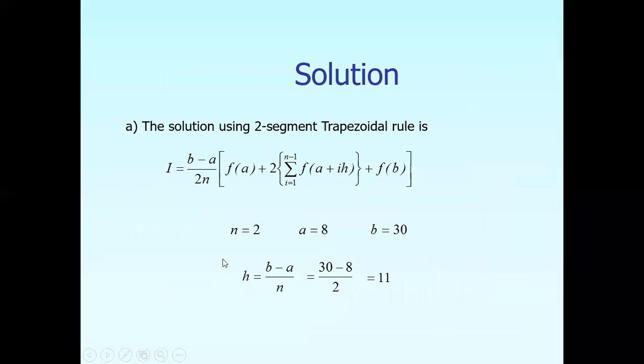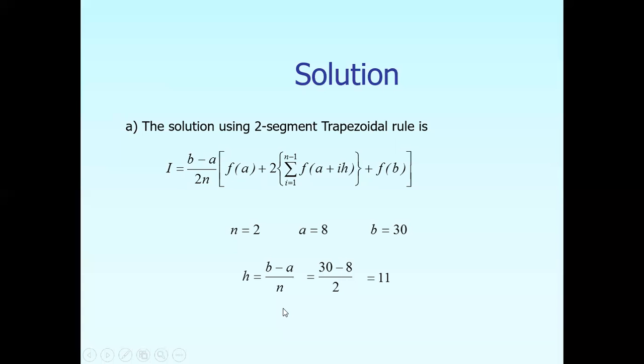Suppose the number of steps is increased, then the formula is the value of the function at the lower limit plus the value of the function at the upper limit plus 2 into the remaining terms of the function, multiplied by h, that is your step size, divided by 2.